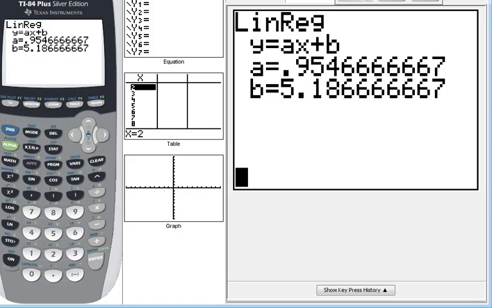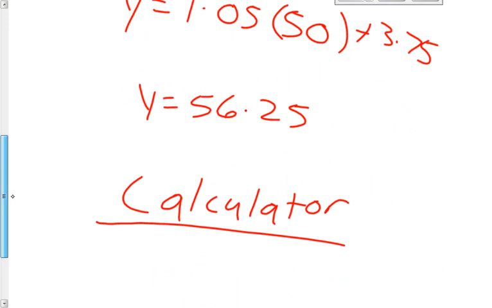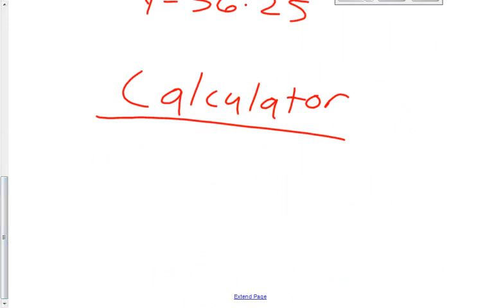Enter, and there you are. Your a value is 0.955, and your b value is 5.187. So for the work on your calculator, your a value was 0.955, and your b value is 5.187.